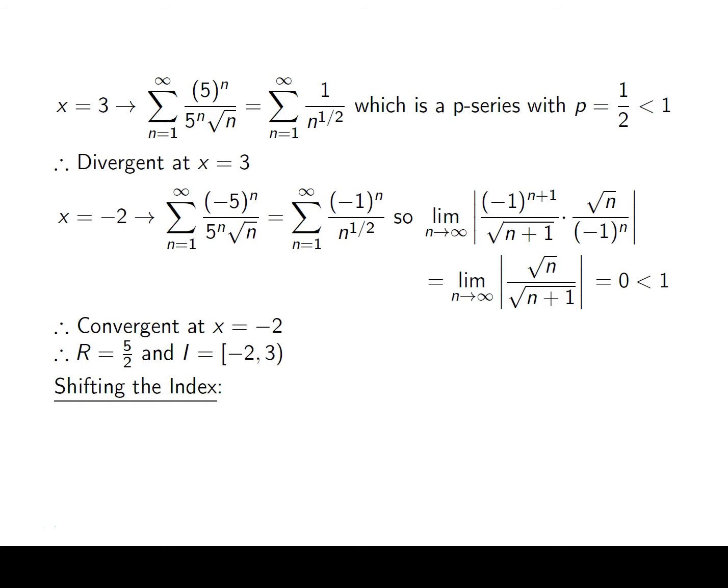Okay. So we're going to talk about shifting the index. Okay, so I'm sure you're aware that you can represent the same series multiple ways, right? If I wanted to say, hey, I want to call this n equals 0 instead, I can change how I talk about the n inside of here so that it is the exact same series, and when I start evaluating things, the numbers in my series don't change at all, right?